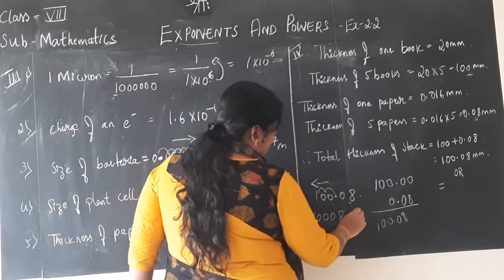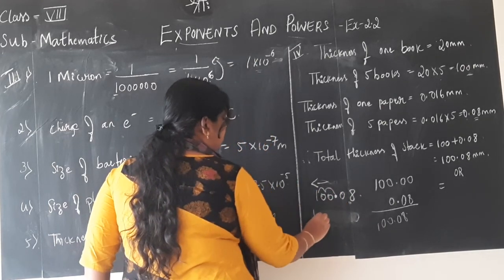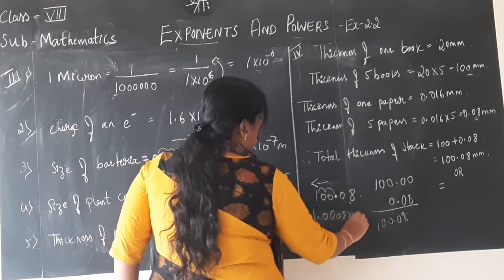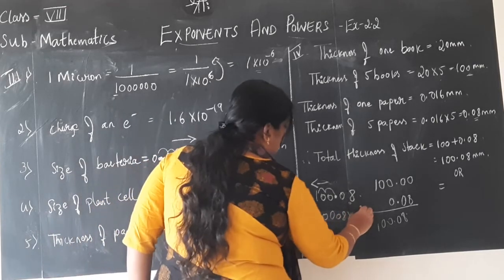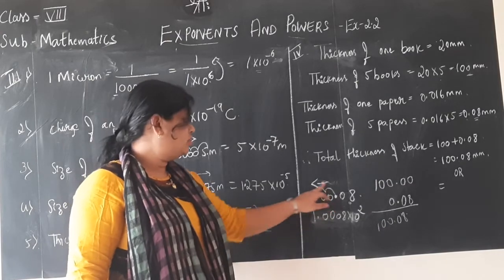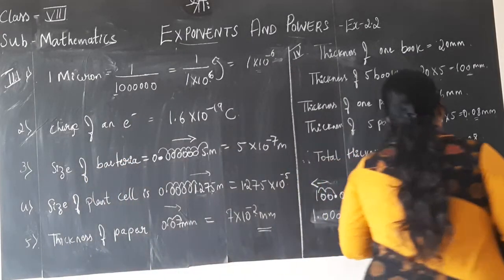So 1.0008 into 10 to the power... How many decimal places did I shift? 2 decimal places. So it is power 2. Plus 2, not minus 2. You are shifting in the backward direction, and so you should take it as positive. So it is 10 to the power 2.